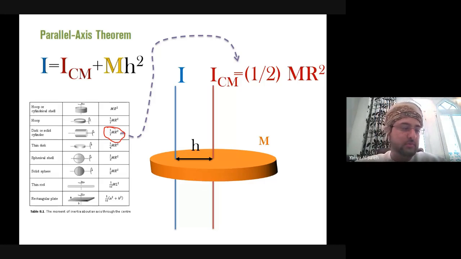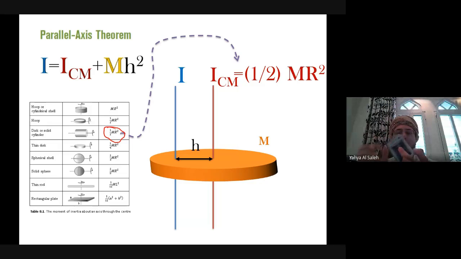So we know this. But now I don't want to hold it around the center and rotate it. I want to hold it about the edge and rotate it like this. I want the rotation to be at this axis. That is fine. We do this calculation this way. We use the parallel axis theorem.